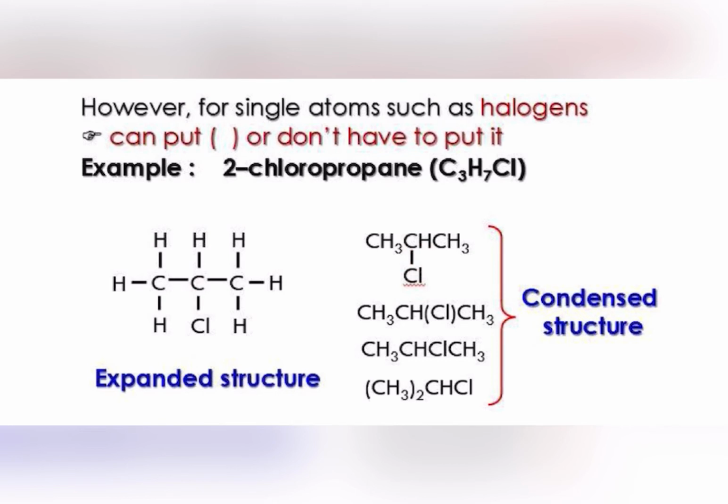For the second carbon, you got chlorine, just like this first form. Or you don't have to put the bracket, and you can also group CH3, the similar group of atoms, at the same point, just like the last form. So these all are acceptable for your condensed structure.